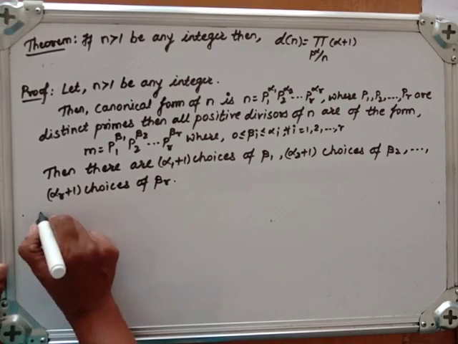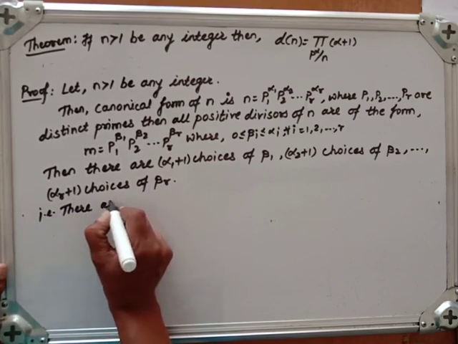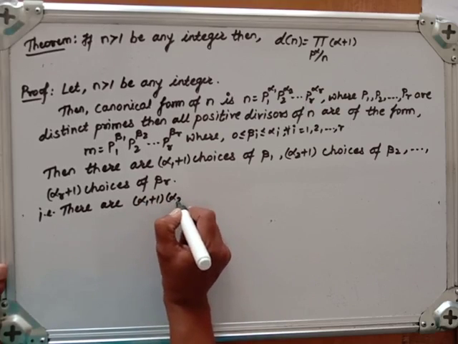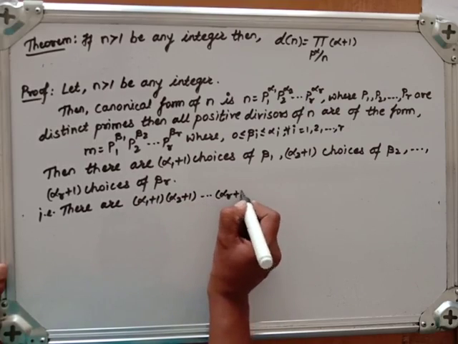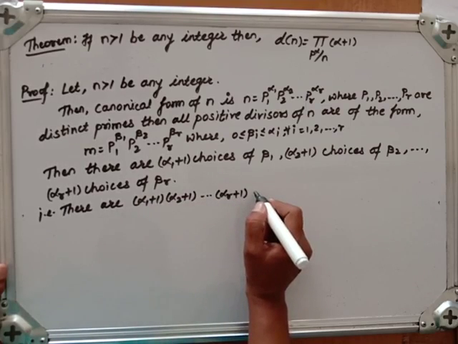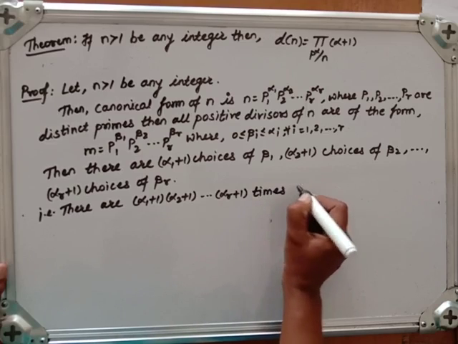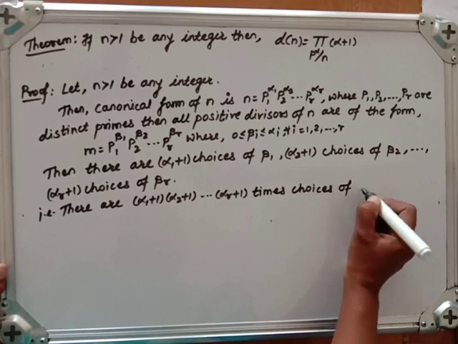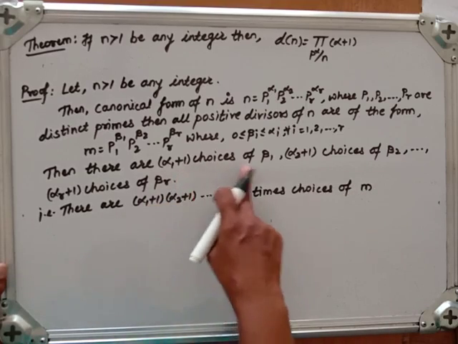That is, there are alpha 1 plus 1, alpha 2 plus 1, and so on up to alpha r plus 1 times choices of m. Here alpha 1 plus 1 choices of beta 1.